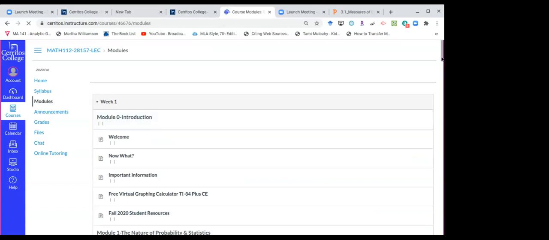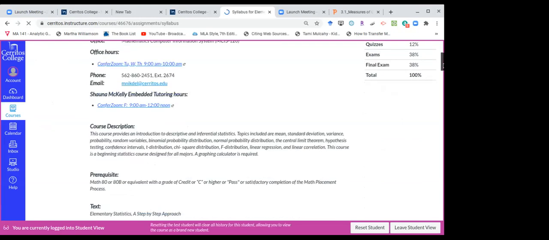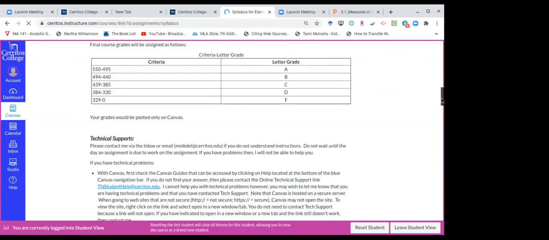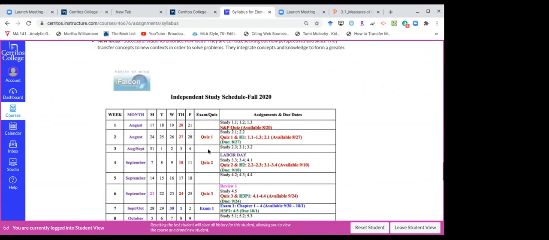If you ever have any questions about things that are due, go to the syllabus and check the syllabus. The syllabus has your calendar at the end of it. So you go to the very bottom. Week 3 starts on August 31st.